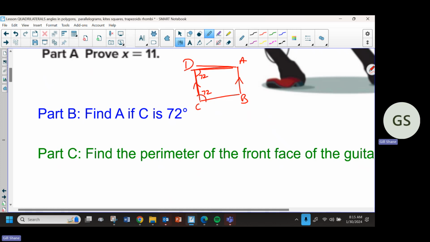Now here's the tricky part. That's the easy part. It won't be that easy even on the exit ticket. How in the world do I find A? No, because a diagonal doesn't really do us any good, because that's talking about the lengths of diagonals.